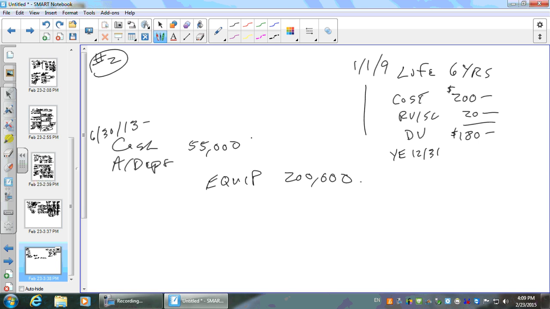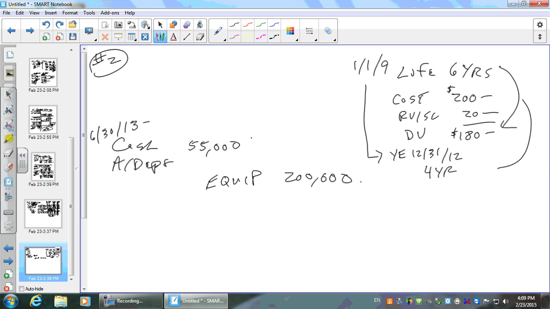So how many years have they depreciated this thing? 2009, 2010, 2011, and 2012. Through December 31st, 2012, that's 4 years. How much is it each year? It's 180,000 divided by 6, right?